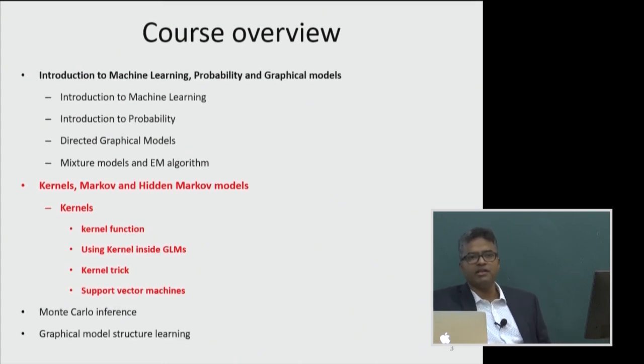Then we introduced the idea of the kernel trick. The kernel trick is nothing but the process or the tool which helps us to convert data sets which are not linearly separable. By converting the data set into a higher dimension, we are able to make it linearly separable.